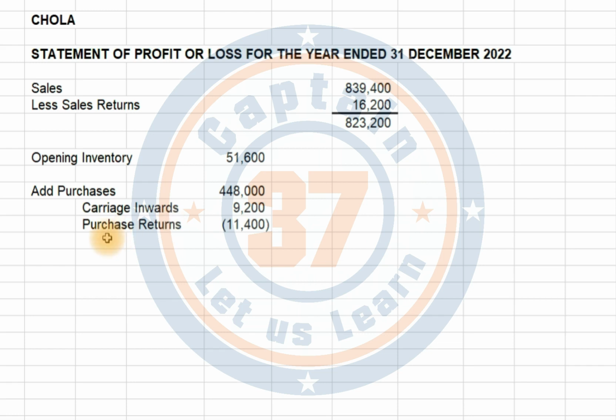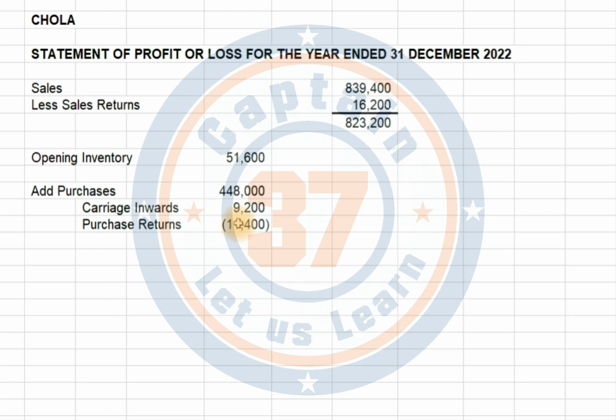So what does purchase returns mean? It means that we may have purchased some goods, but then the quality or the sizes was not exactly what we desired. We therefore return some of those particular purchases. So maybe we got 10,000 and we take back 2,000. In this particular case, what we took back amounts to 11,400.